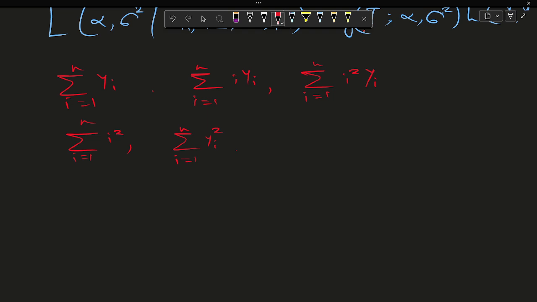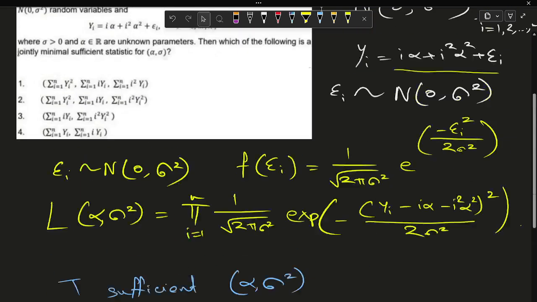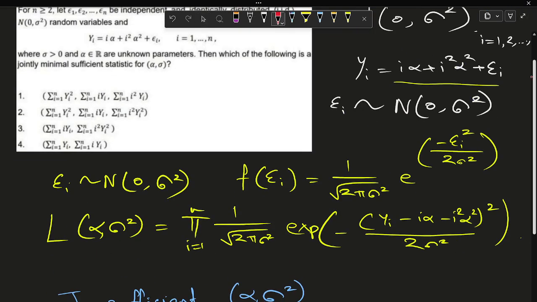The sufficient statistics must capture the dependence of the data on alpha comma sigma using the structure of the regression-like model, y_i equals i alpha plus i square alpha square plus epsilon i.